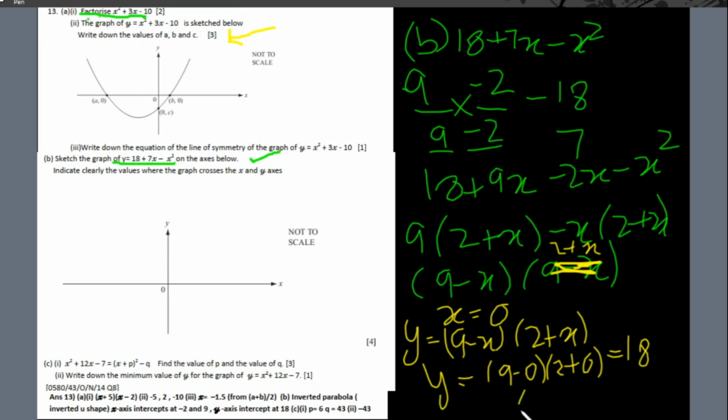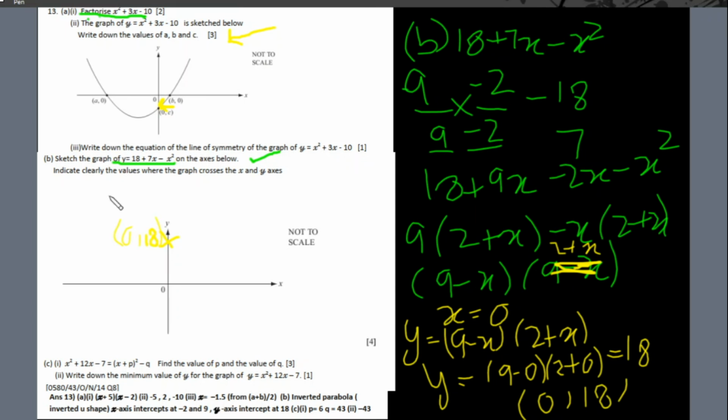So when x is 0, y is 18. So let's say 18 is somewhere over here. This is where the graph will cut the y-axis, like in part A, it cut the y-axis here. Ours would cut the y-axis here. So this point is actually 0, 18.